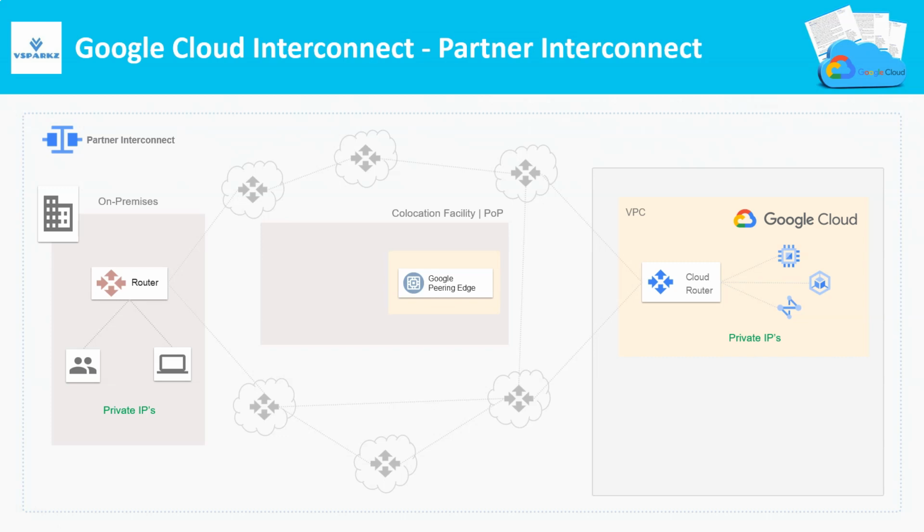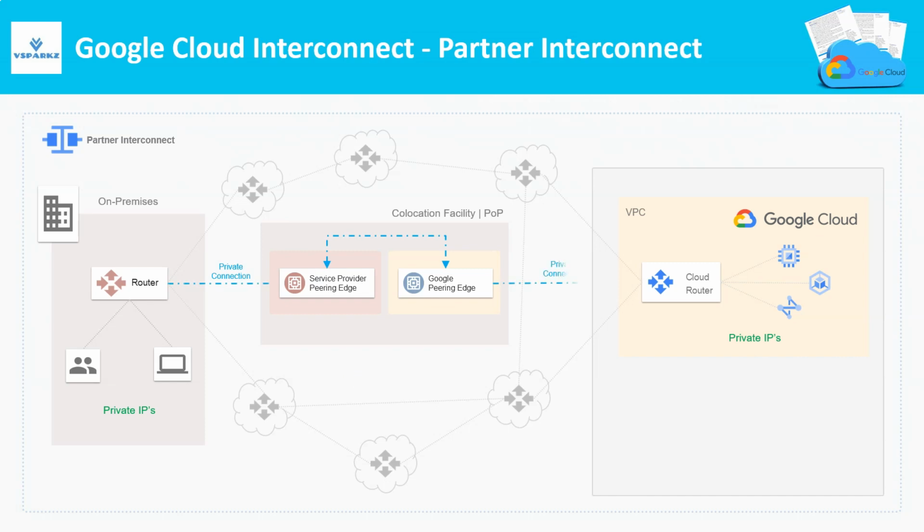Partner Interconnect provides a direct physical connection between your on-premises network and Google's network through a supported service provider. Service providers have existing physical connections to Google's network that they can make available for their customers to use. The only thing you need to do is choose a service provider for Partner Interconnect and request a new connection.